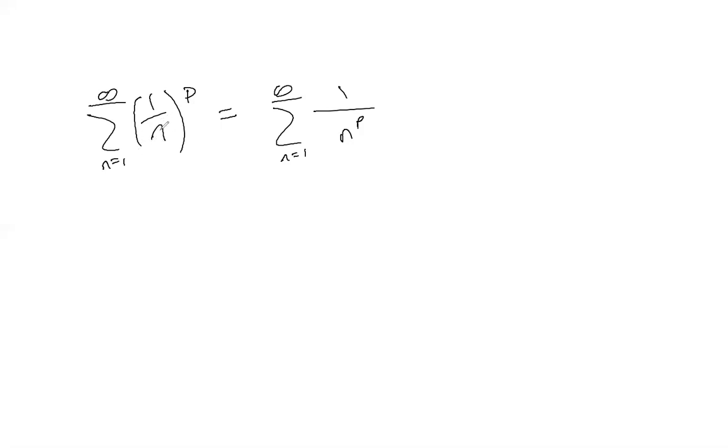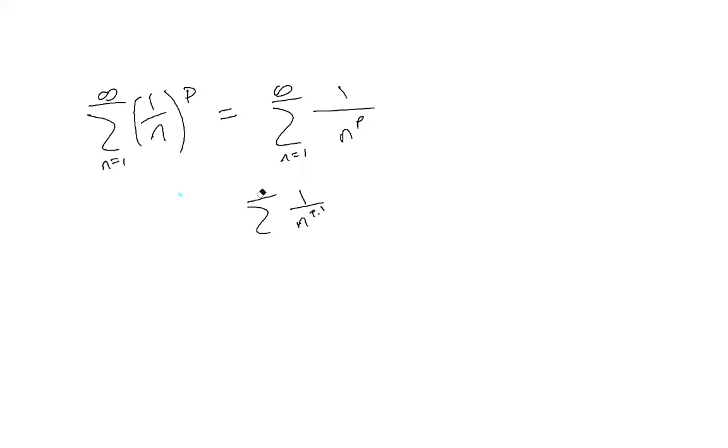So I'm plugging in different n's at each step. And what's p? I'm going to leave it general for now, but when you get a series, p is going to be a specific number. So maybe p will be 2, or maybe it'll be 1.1 or something like that.